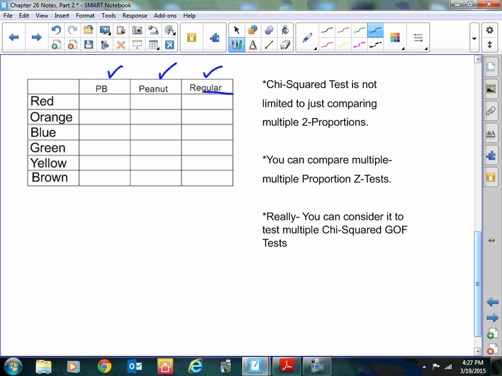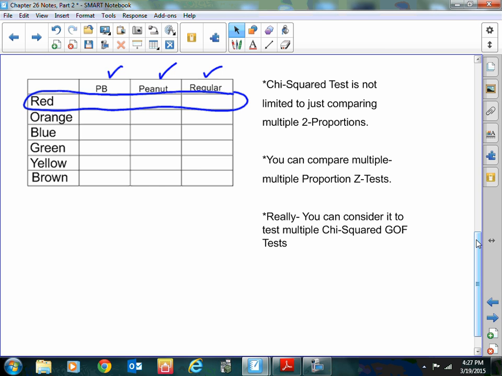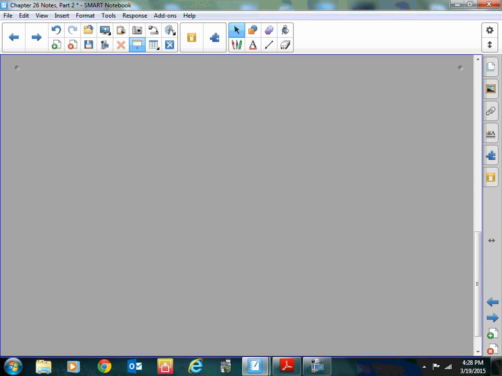So essentially, I am doing multiple proportions, and I'm doing all of them, multiples of multiples. Okay, so what I really kind of am doing is, you could think that what you're doing is, say, let's say this.